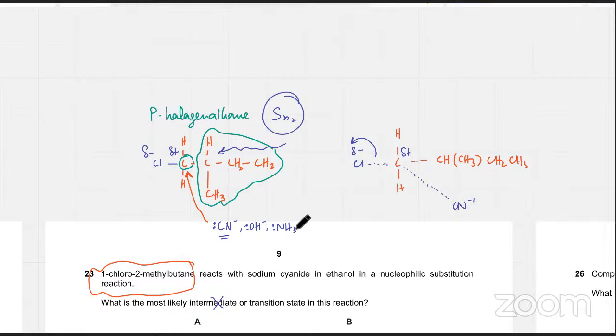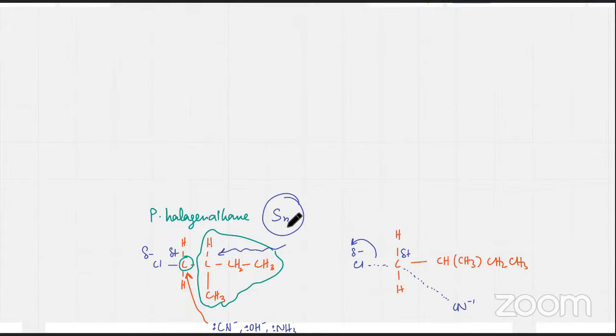The other thing is about tertiary halogenoalkanes. Now, in tertiary halogenoalkanes, what happens is that the carbon on which the Cl is bonded, the bond is still polar. So I mean, the partial positive and negative charges are still there.